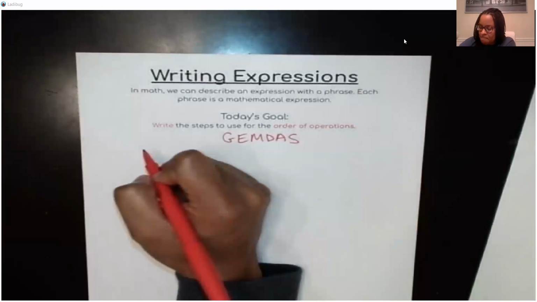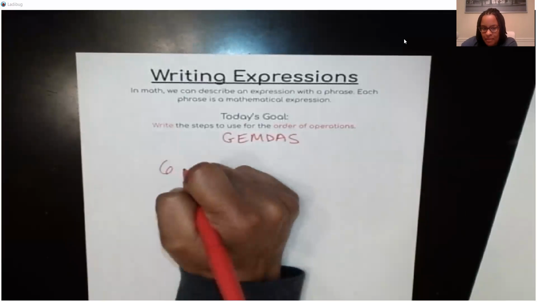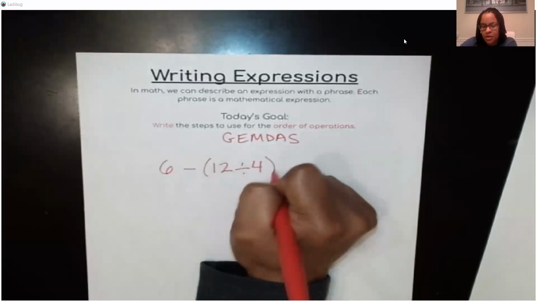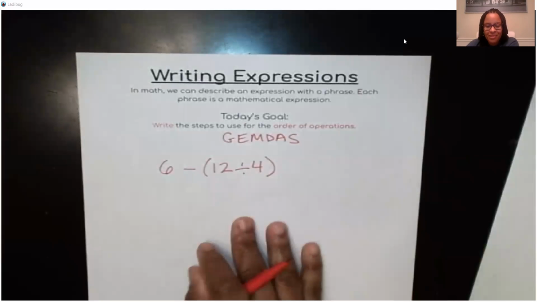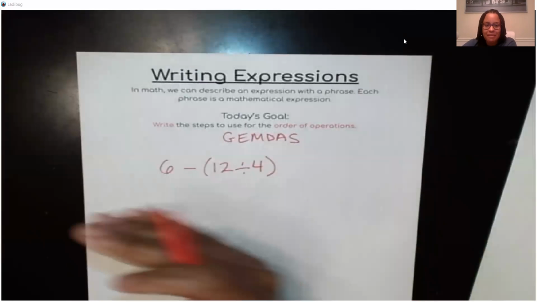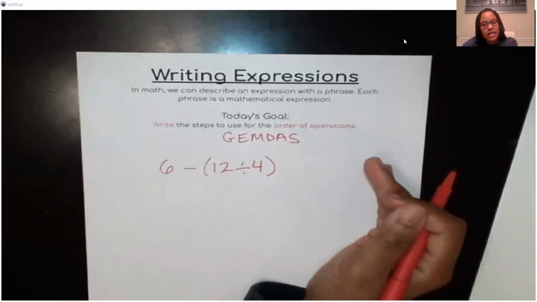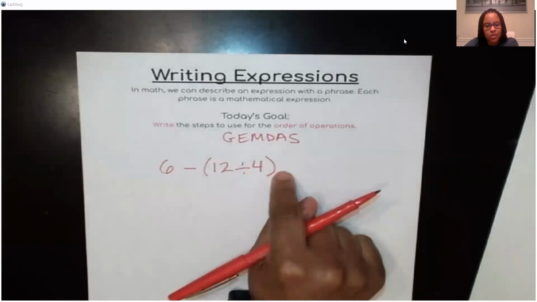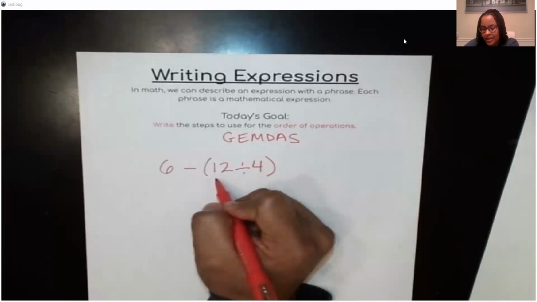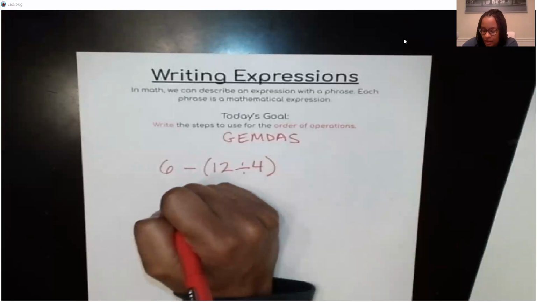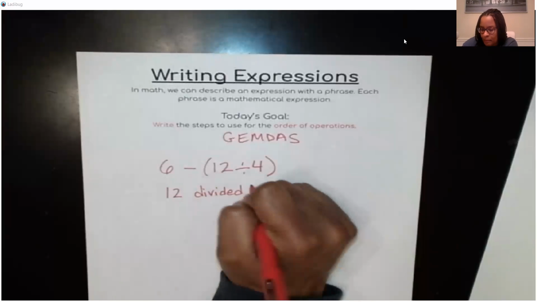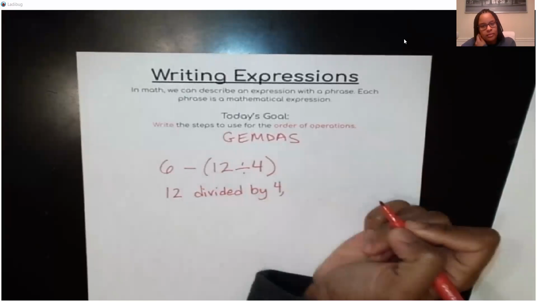So let's say I have 6 minus, open parenthesis, 12 divided by 4, close parenthesis, okay? Going with GEMDAS, I need to write an expression. I'm going to write the step-by-step written expression of how to solve this order of operations. So let's say I can say something like 12 divided by 4, okay?